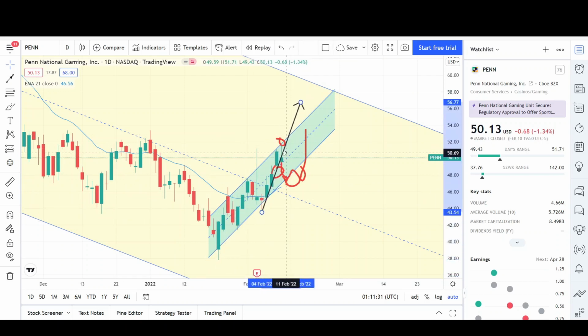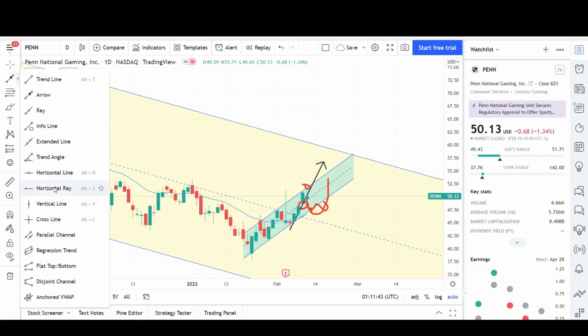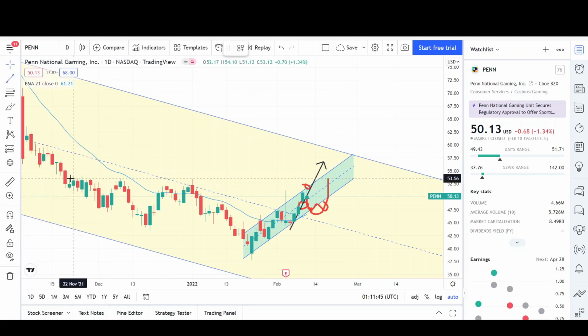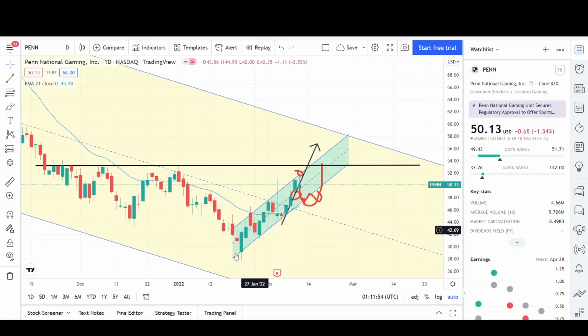And if I just drag this up, I think a high possible target for PENN to reach is right at the $56, $57 level, especially since you can see that there is some resistance right here at this $53 level. I think this is where PENN wants to come back to test, especially since we have this blue channel working higher.